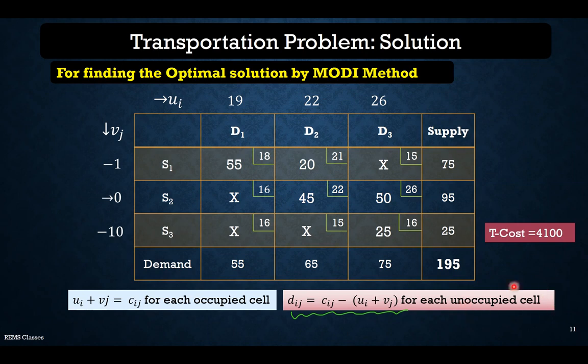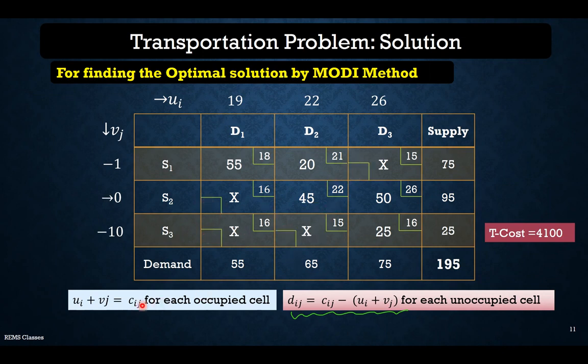We will use this formula only for unoccupied cells, those cells which are not occupied. In this case, these cells are not occupied, this cell is not occupied, and this cell is also not occupied. So for these cells, we will find dij.